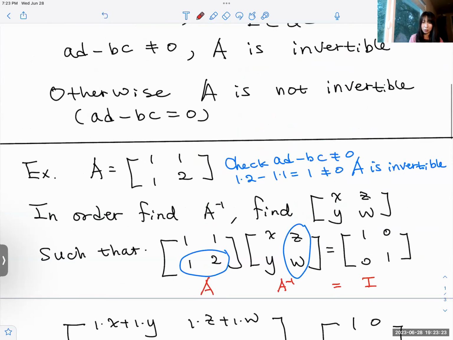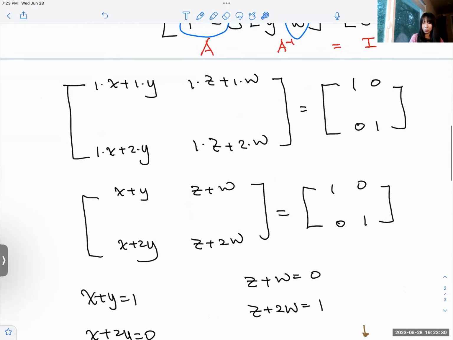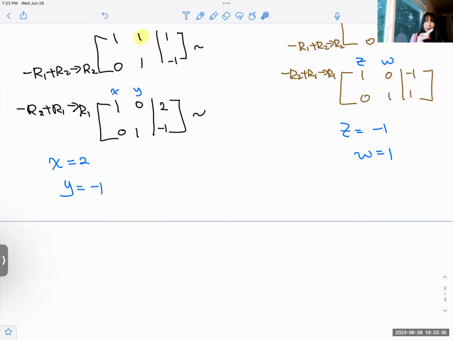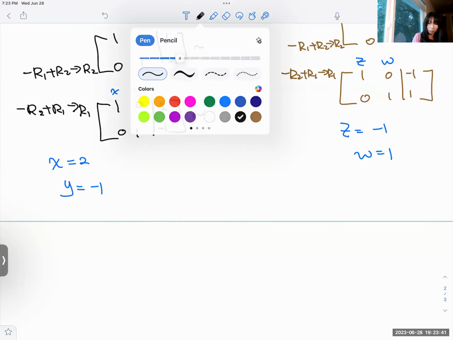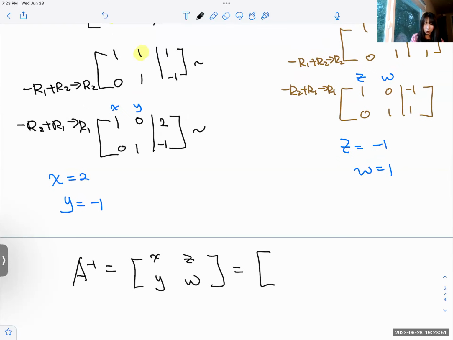So by definition here, we can conclude the inverse of A, which is in that case X, Y, Z, W. That is, we have X equal to 2, Y equal to negative 1, Z equal to negative 1, W equal to 1, right?